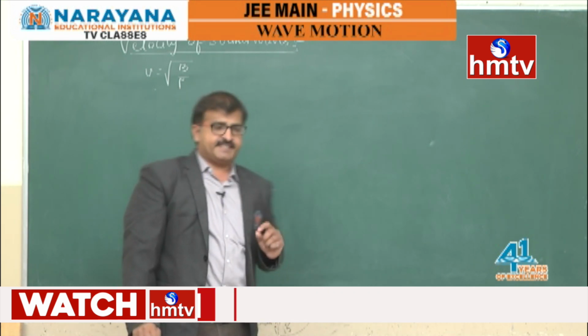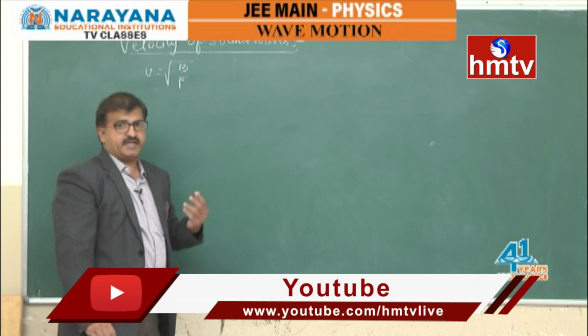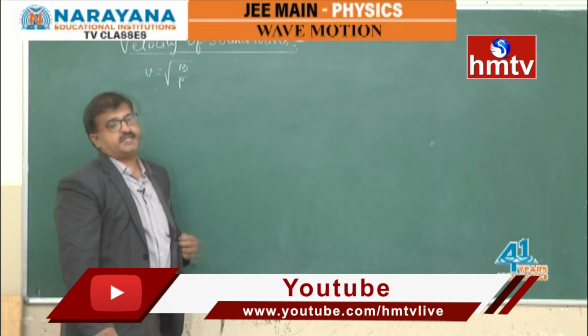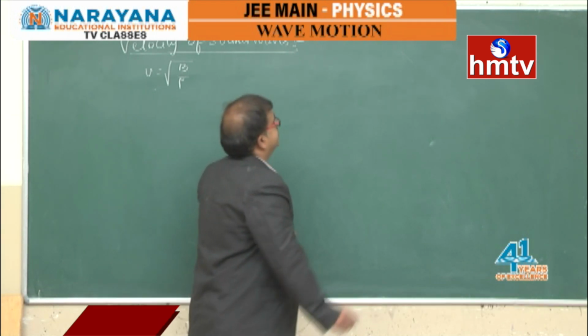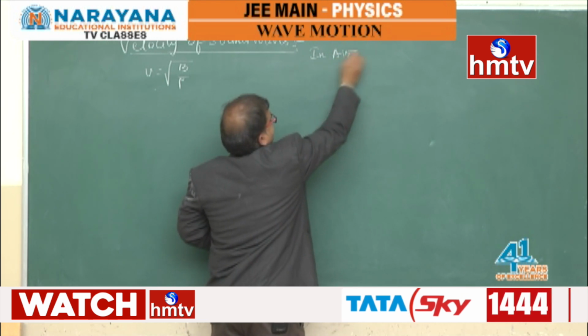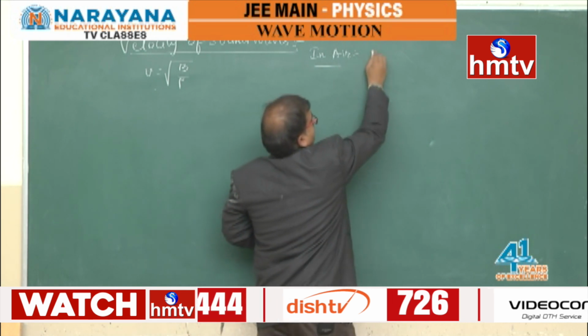So in this case, if you consider an air medium or any gas medium, then the bulk modulus value depends on the process. Here, in the air medium, we got two formulas.